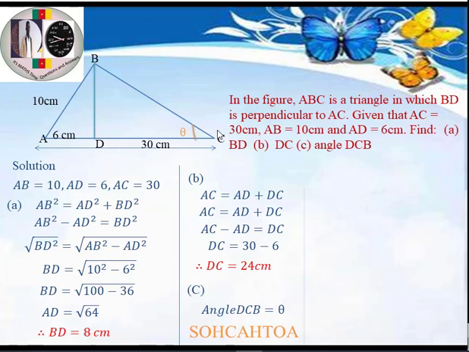So tan theta is equal to opposite, which is BD, over adjacent, which is DC. So tan theta is BD, which is 8 centimeters, over DC, which is 24 centimeters.